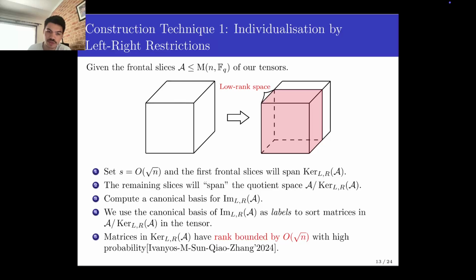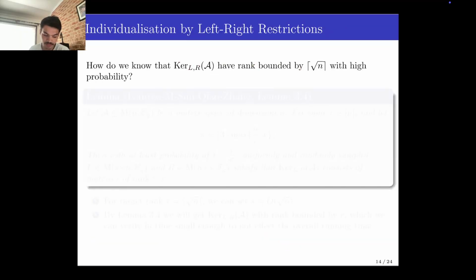And we introduce this result that gives us, because now we have this kernel space that's not fixed in any canonical order, but we can use this property that this kernel space has a rank bounded by square root of n. And so how do we actually know that we have this rank bounded by square root of n?